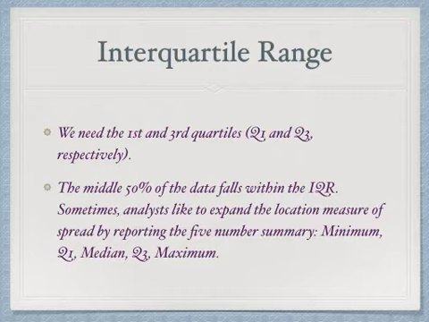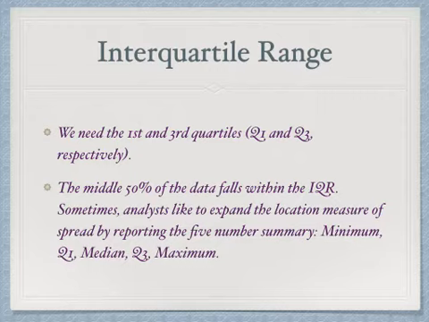Interquartile range. We already talked about finding the interquartile range in a previous video. We need the first and third quartiles, Q1 and Q3. The middle 50% of the data falls within the interquartile range.